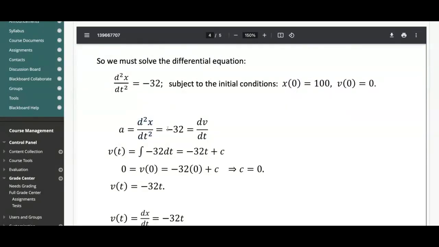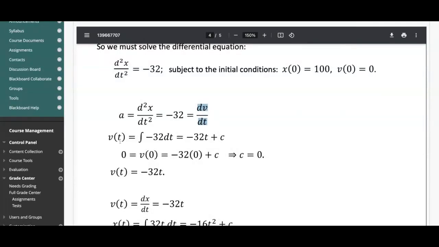Acceleration is negative 32, which is the derivative of the velocity. So we integrate acceleration, and we get the velocity, because acceleration is the derivative of velocity.